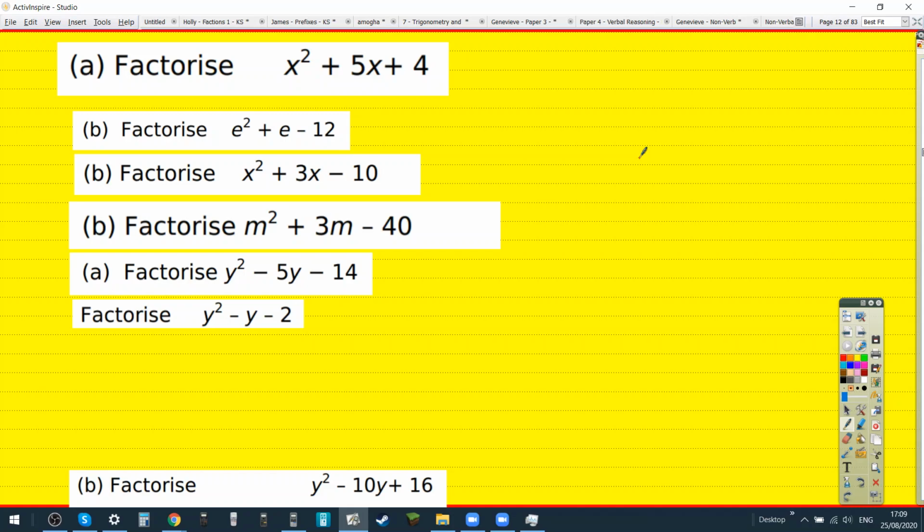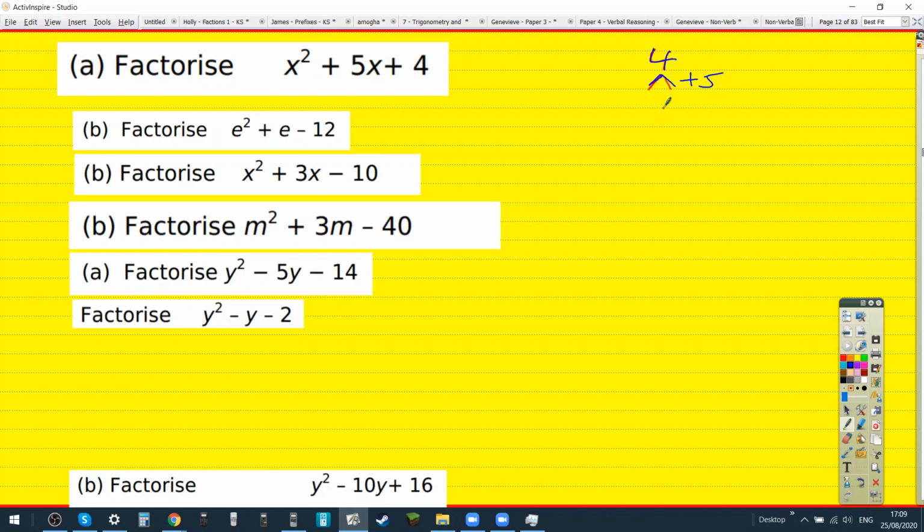I don't remember. So you need two numbers. They multiply to make 4, and they add to make 5. Lots of numbers will add to make 5, so you start by seeing what will multiply to make 4. So that's the factors of 4.